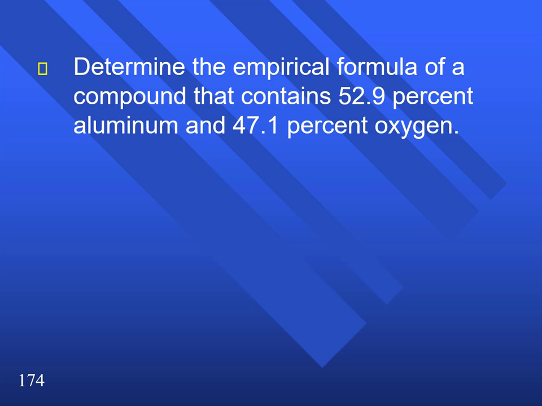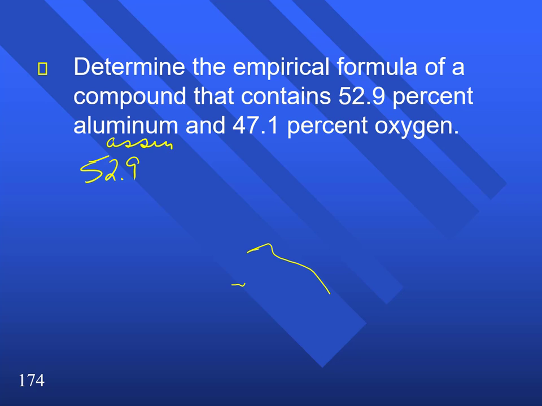Oh, well, that's it. That's the one I want, actually. So, determine the empirical formula of a compound that's 52.9% aluminum and 47.1% oxygen.